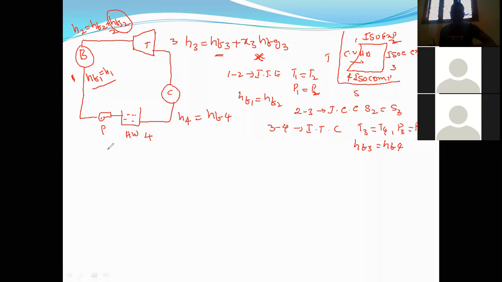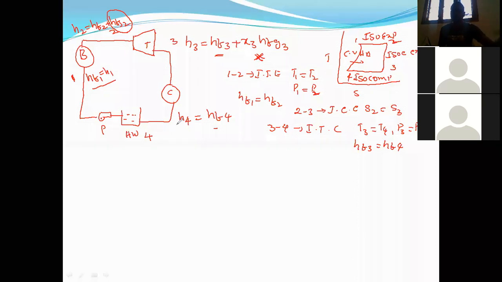Sir, here from 4 to 1, that is a warming process, right? Yes, 4 to 1 is a warming process. After condensation, only the sensible heat HF4 will be there. Actually, we are supposed to remove only latent heat in the condenser, but practically we can't control things there.